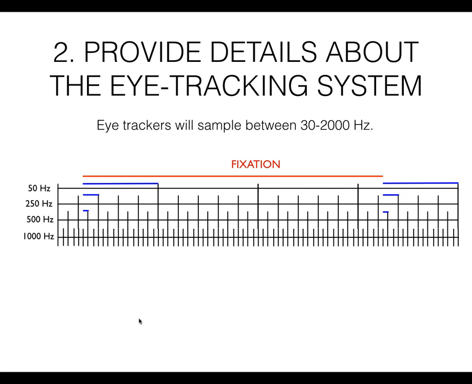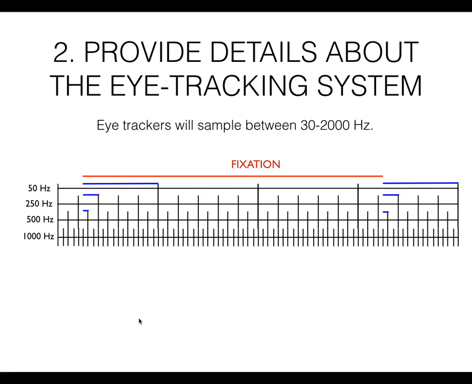Okay, I talked about sample rate. Sample rate is probably the most critical thing to think about when you're buying an eye tracker, because it's going to affect the quality of data you get off it. There are some 30 hertz eye trackers out there. Like I said, most common are 60 hertz, up to 2000 hertz.